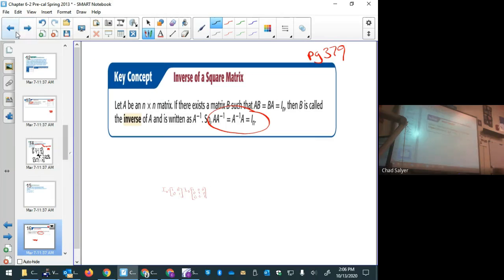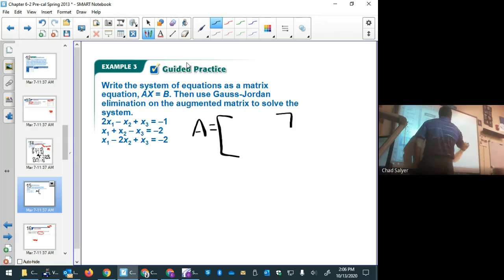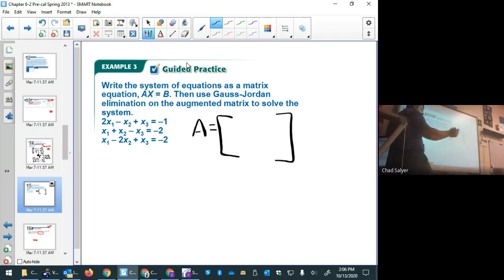Okay, so now let's do the matrix equation way. So matrix equations, first of all, we're going to define A. A is our coefficient matrix, not augmented with the solution.